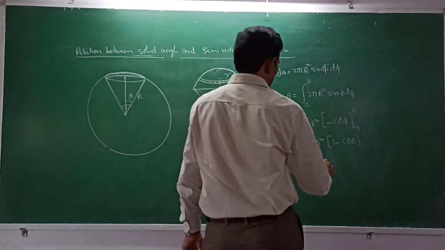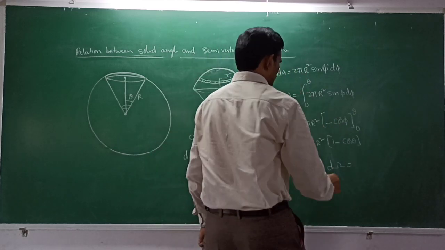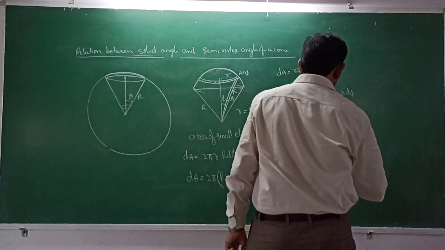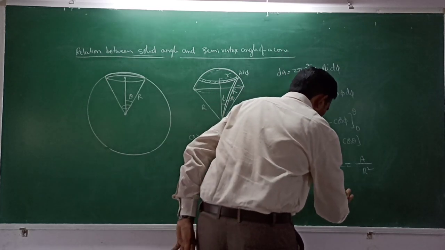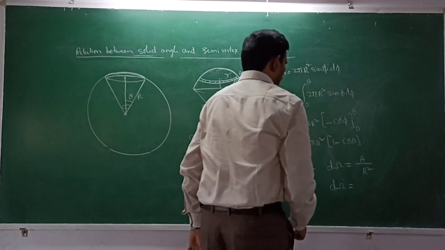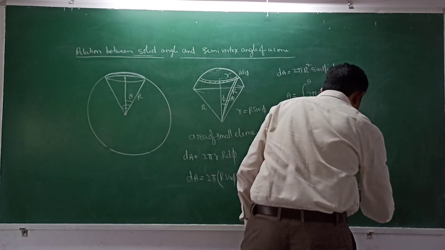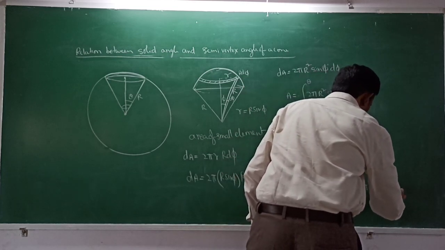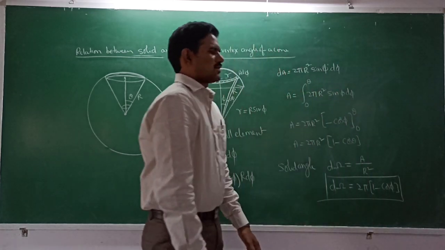Solid angle d omega is equal to A by R square, right? So therefore d omega is equal to, R square will be cancelled, 2 pi into 1 minus cos phi you can write here. Sorry, cos theta.